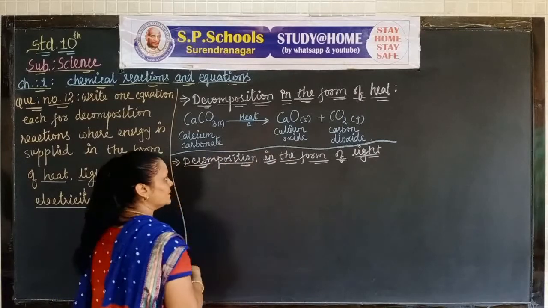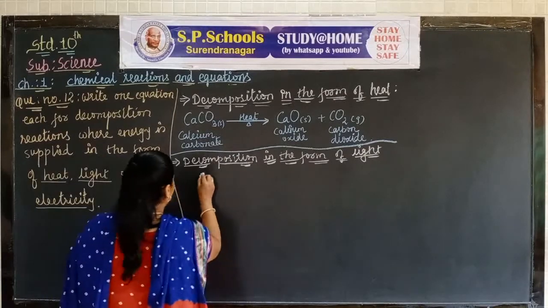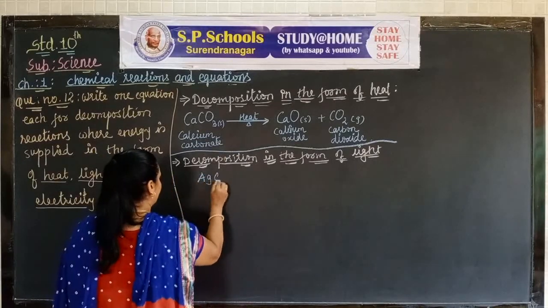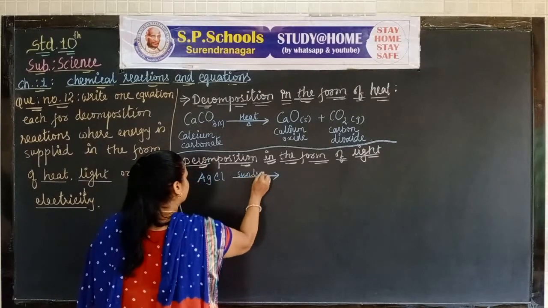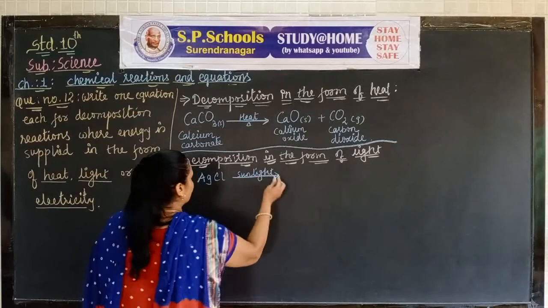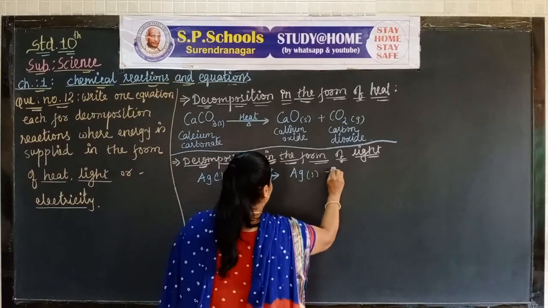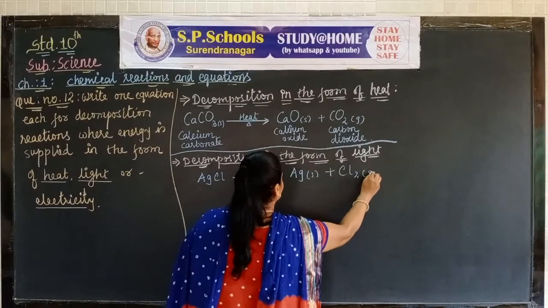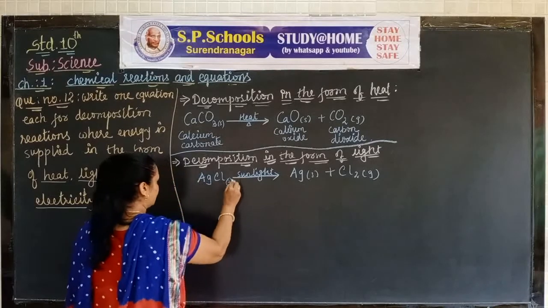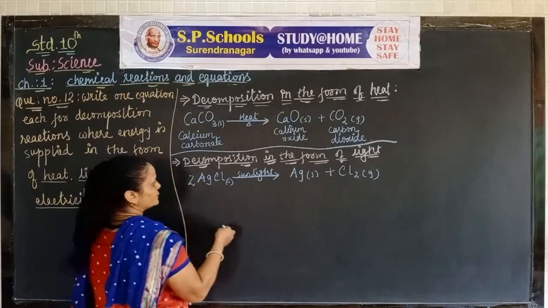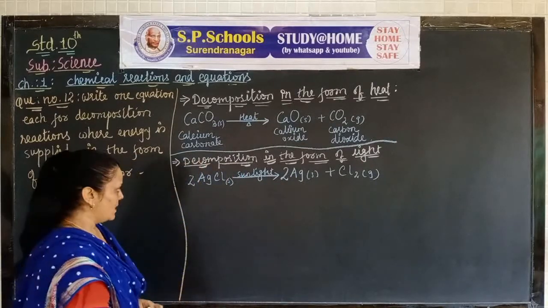Simple example we know about silver chloride, AgCl, in the presence of sunlight, formation of Ag can occur in chlorine. To balance the reaction, put 2 before AgCl and balance Ag. So equation will be balanced.